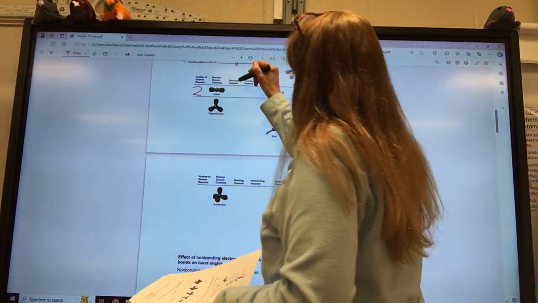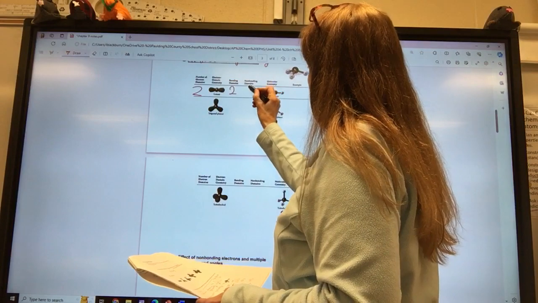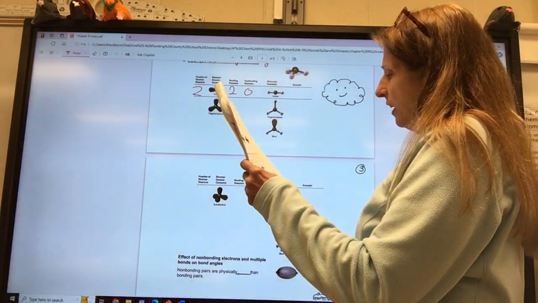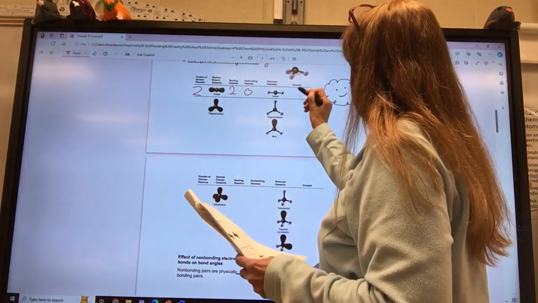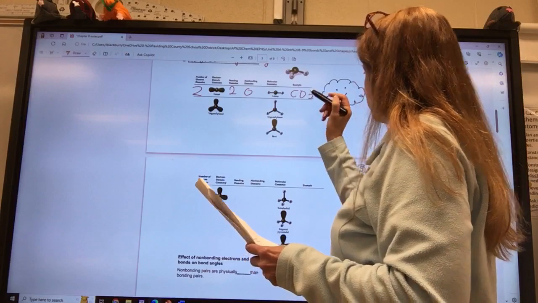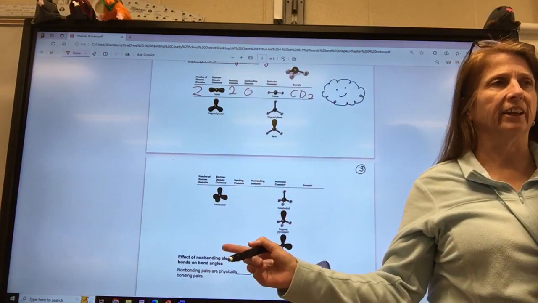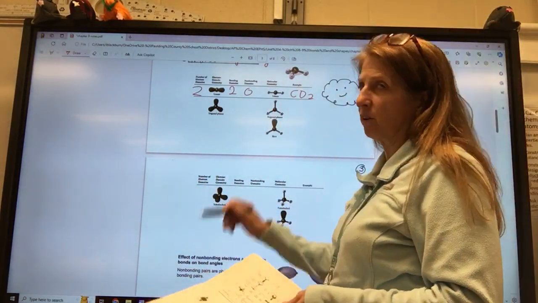So it has two clouds coming out of it. It doesn't have any unshared pairs here. It's just got two domains. The shape is linear, and an example of this is carbon dioxide. It's got a carbon in the middle, an oxygen on each side. It's a linear molecule. Okay. Next, that's really about all you can do with two.